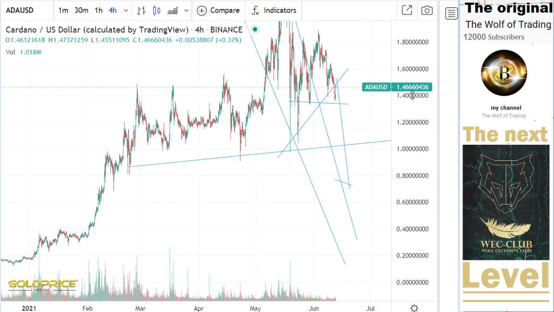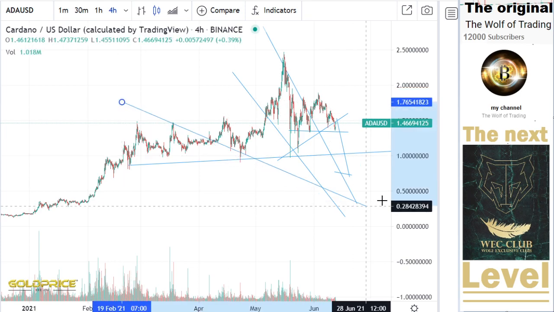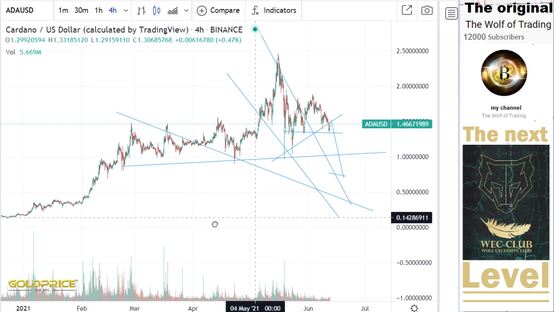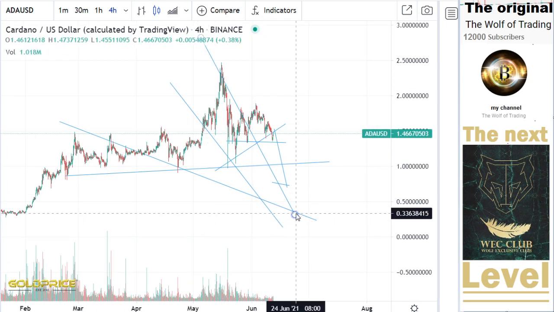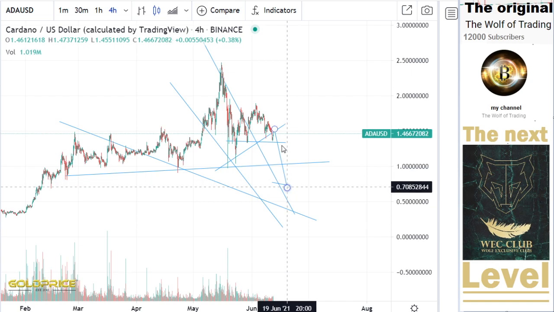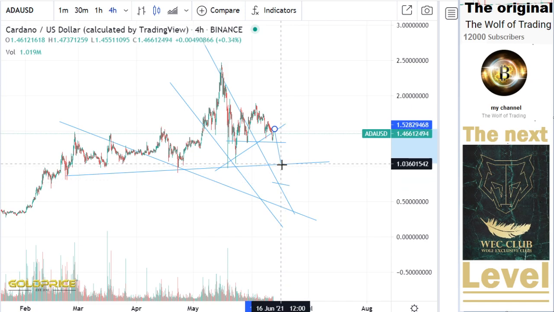And the second thing here is this was the short-term channel. Yeah, the long-term channel is this. So you can see that we have place in direction of 20 cent. So it is not so clear here. I would say we fall here to the downside, and we could stay here at $1.